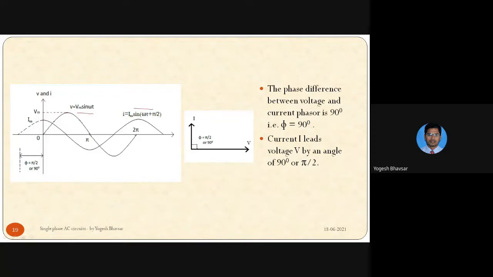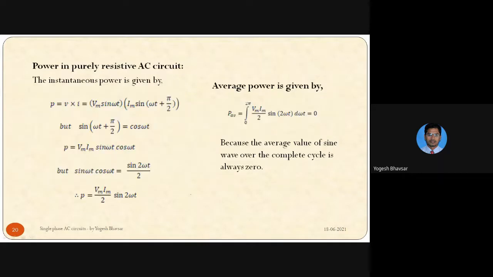Now in the current equation, omega t plus pi by 2, so it will be ahead of the voltage waveform. This is the point where the current waveform will start. So it will be ahead by pi by 2 of the voltage waveform. So the angle phi is pi by 2 or 90 degrees, and with respect to that we can draw the phasor diagram. The voltage is on the reference axis, then the current is leading the voltage by 90 degrees or pi by 2. So this is the simple phasor diagram that we can draw.